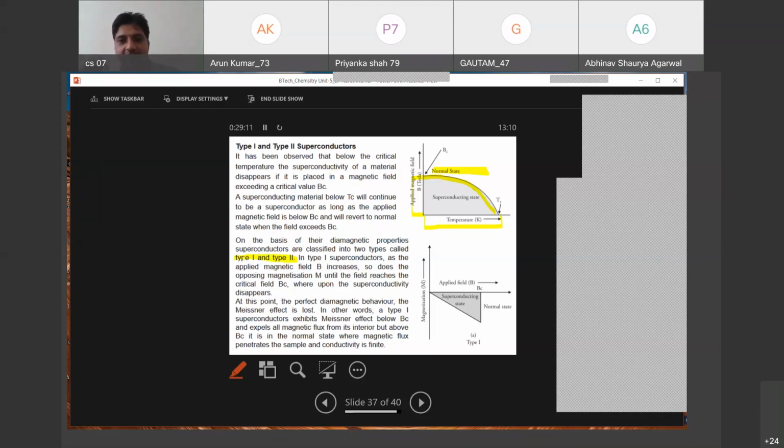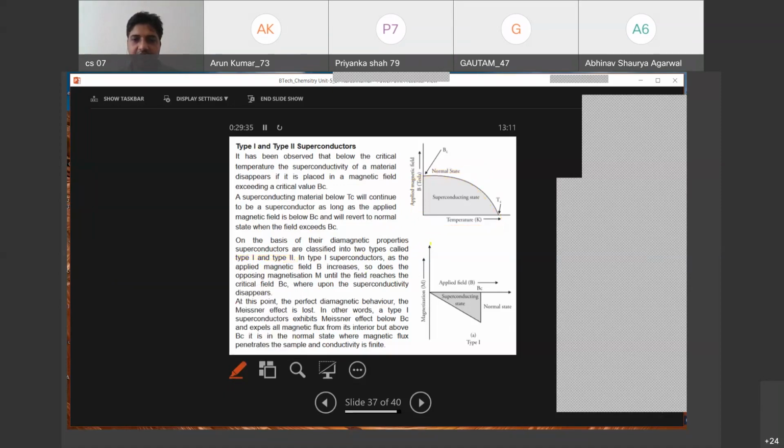We will discuss both of them. First, we will discuss the type 1 superconductor.